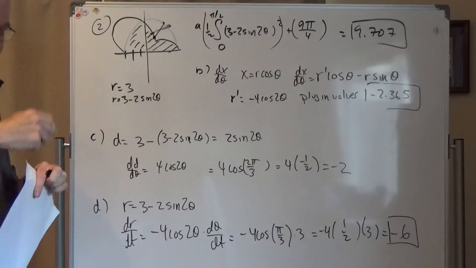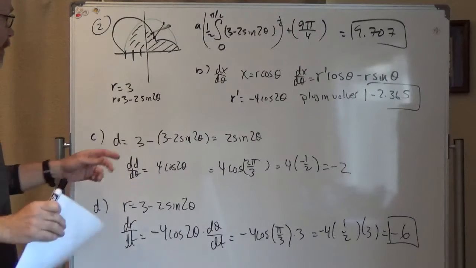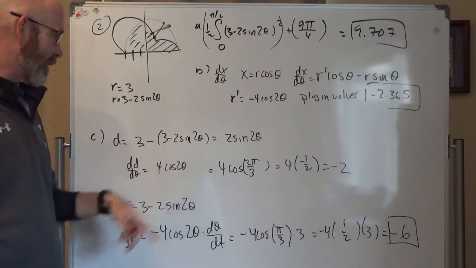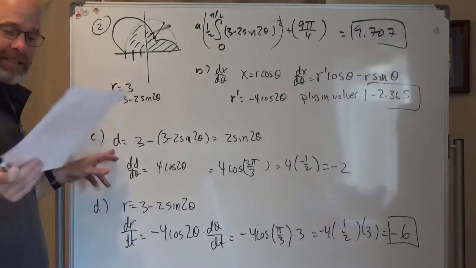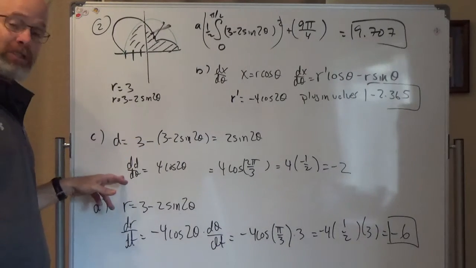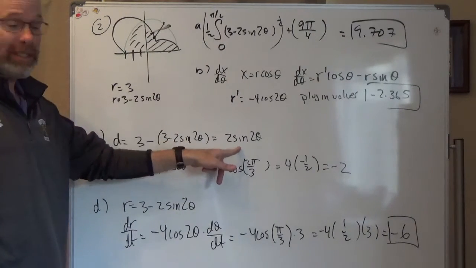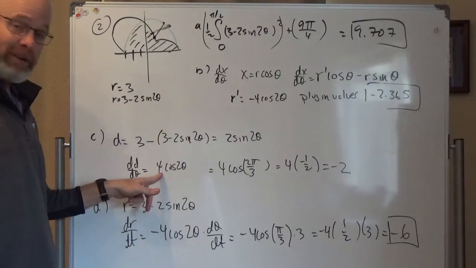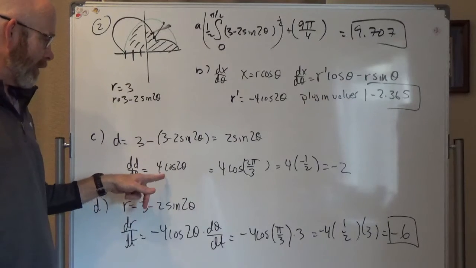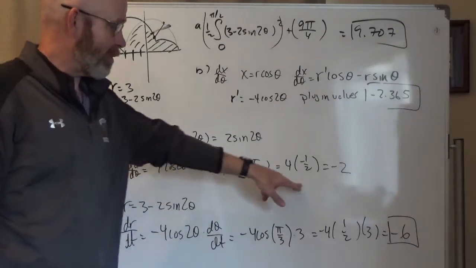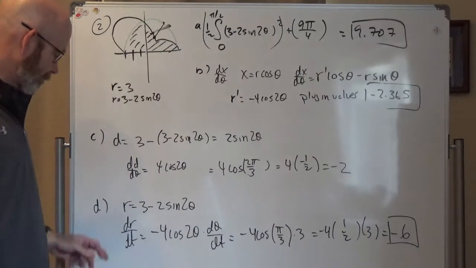It's just r1 minus r2 in essence. So it's 3 minus the other one, 3 minus 2 sine 2 theta. So that's D. They asked us to find the rate of change, which is the derivative. So the derivative of this thing just simplifies, by the way, to 2 sine 2 theta. So the derivative is just 4 cosine 2 theta. And that was at pi over 3. So 4 times cosine 2 pi over 3 gives us a negative 2.